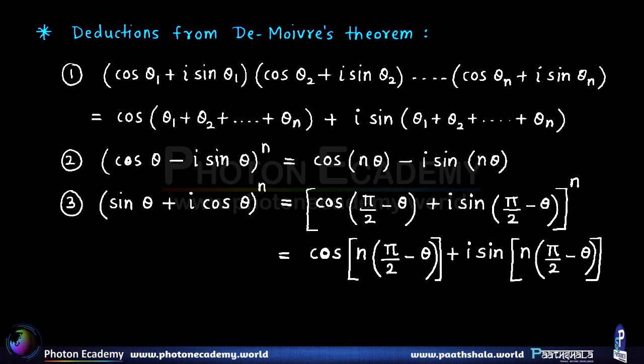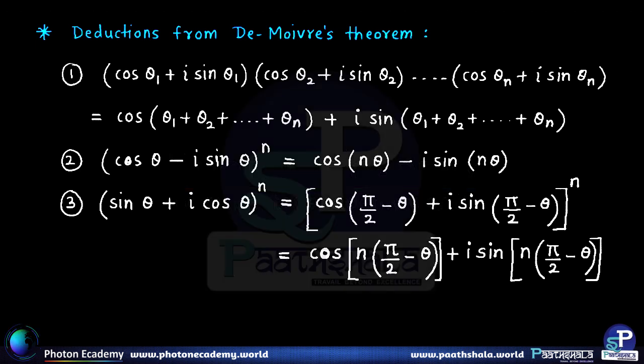Now let's see the third one, which is a bit interesting, because here the real part consists of the sine and the imaginary part consists of a cos. Now we cannot directly use the de Moivre's theorem if we don't have the cos in the real part and sine in the imaginary part.